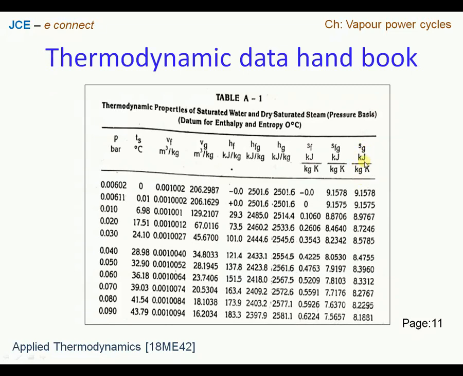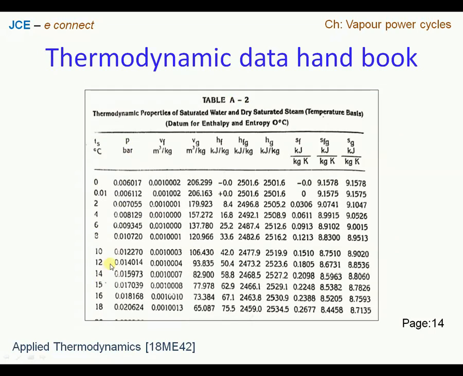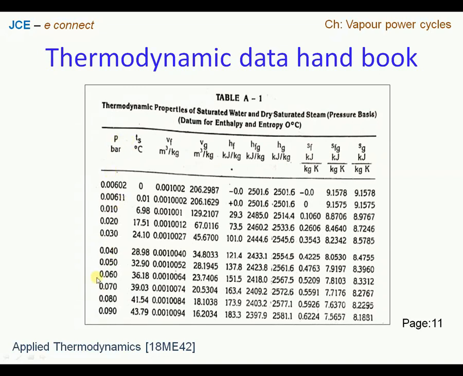Here we have Sg in kilojoule per kg Kelvin. So these are the data available in table number A1. Since pressure is listed in the first column, we call this a pressure entry table or pressure basis.